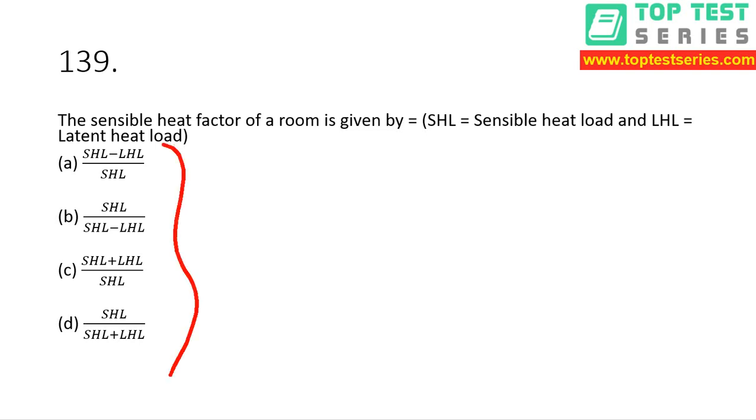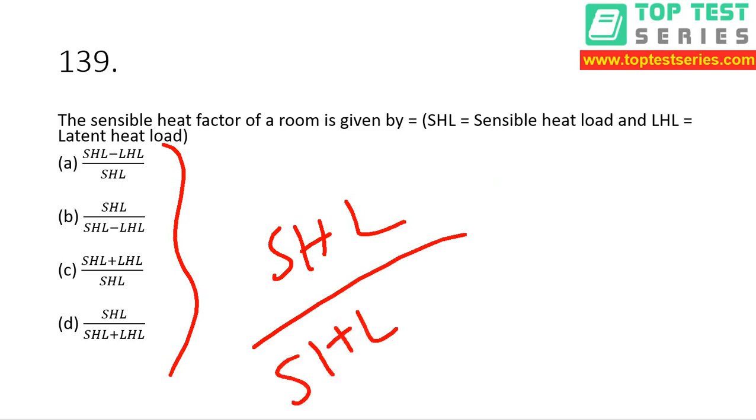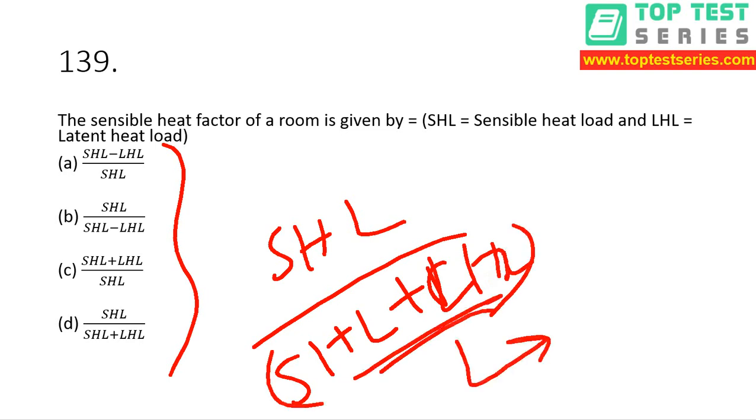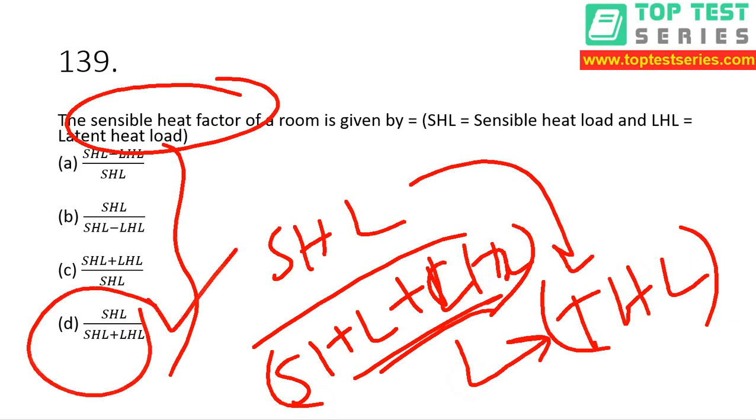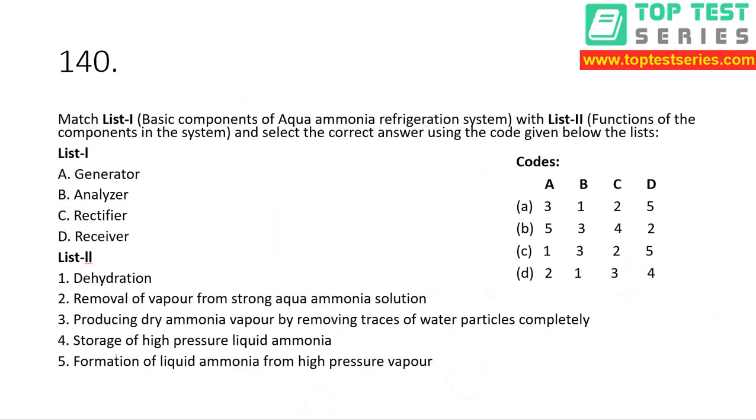We know that sensible heat factor is equal to sensible heat load divided by sensible heat load plus latent heat load. Sensible heat load plus latent heat load is equal to total heat load. That means sensible heat load to total heat load ratio is known as sensible heat factor. Therefore option D is the correct answer for this question.